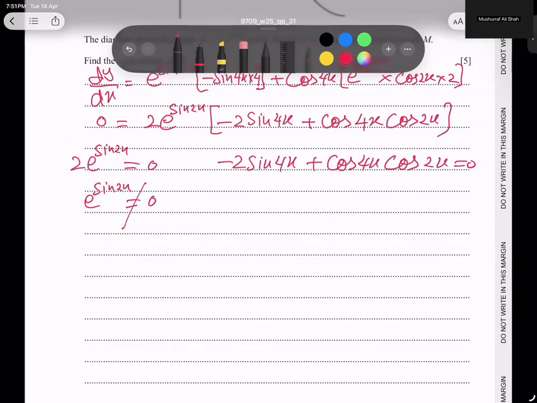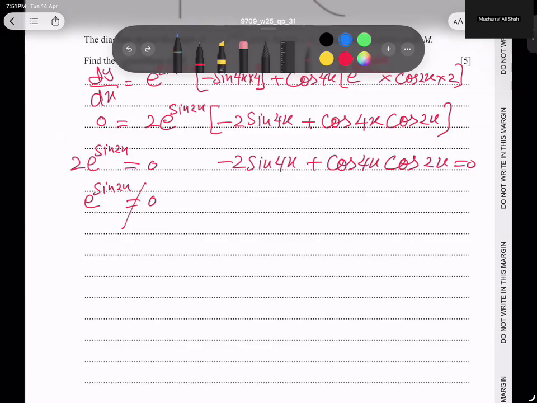Here the main part of the question is hidden. Because basically we have the 4 angle and the double angle, so we have to convert them into the same angle. Let's see how we can do it. But first of all, I think it is easier to convert this 4 easily. And we have formulas.